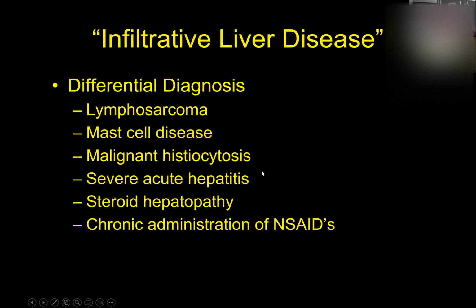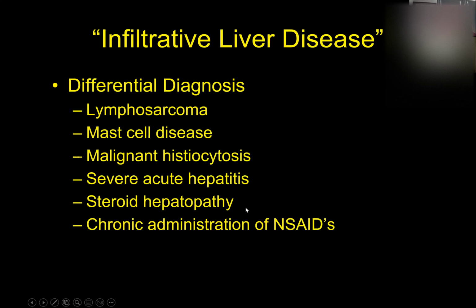Some of the things that can cause the liver to be diffusely hyperechoic and mottled in appearance would be cancers like lymphoma or mast cell disease, which sometimes affect the liver diffusely and cause it to look abnormal, but with no discrete mass lesions or nodules. There are other things like hepatitis, an infection of the liver.